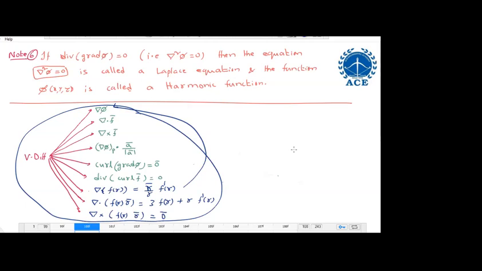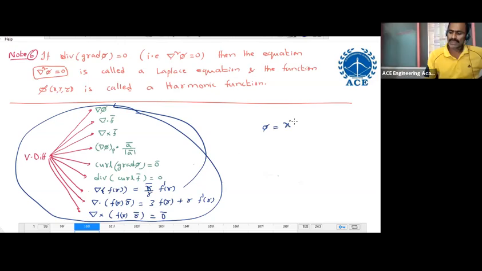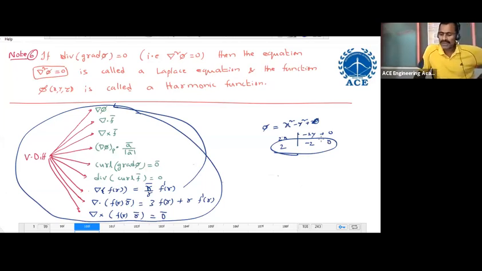Can you give any example? Sir, phi equal to x square minus y square plus z square. Del square phi: the derivative of phi with respect to x twice gives 2, with respect to y twice gives minus 2, and with respect to z twice gives 0. The sum of all this is 0, so del square phi is 0 here.